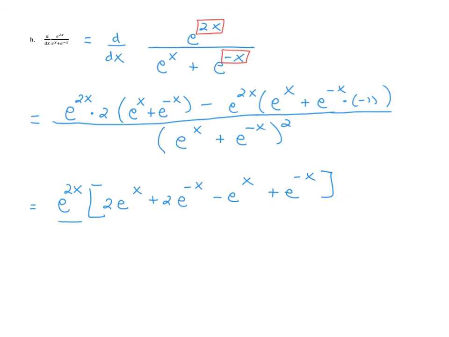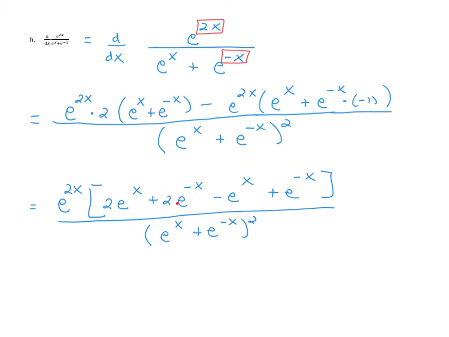Wonderful. And then in the denominator, we still have e to the x plus e to the negative x all squared. Looking good here. Any like terms? Yeah. We have 2e to the x, and we're subtracting 1, so we're just left with e to the x.